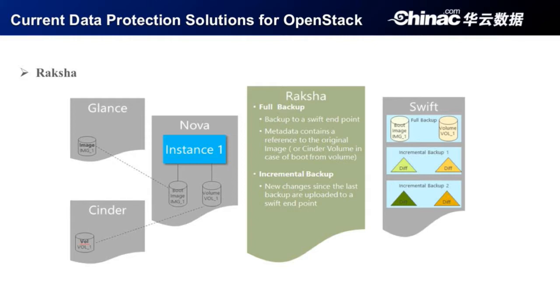It could provide a total backup solution for an instance, including its boot volume and the data volume. Furthermore, Rockstar supports incremental backup. When using incremental backup, only new changes since the last backup would be uploaded to a Swift endpoint.